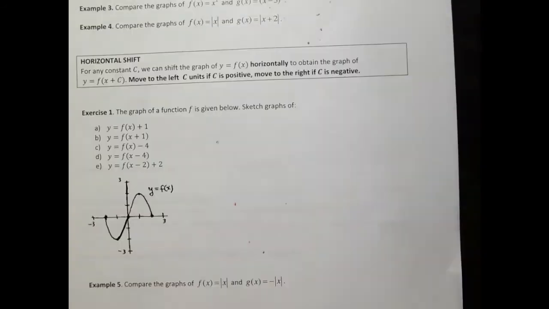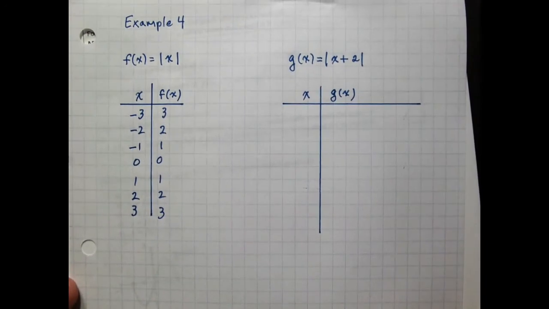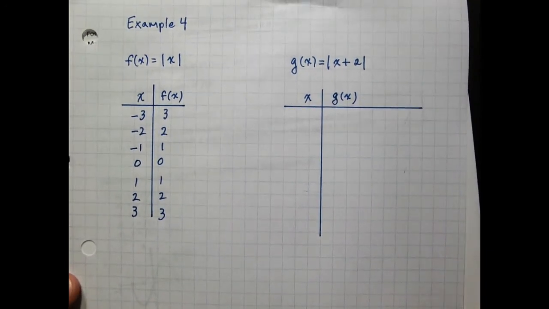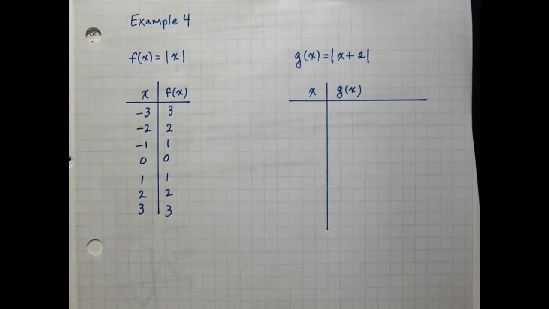Now let's look at one more example. So example 4 involves absolute value, and I already put in the table of values for F because we just did that in example 2.